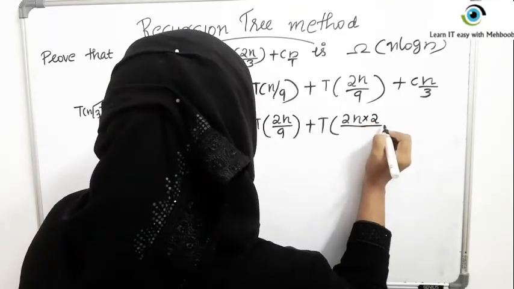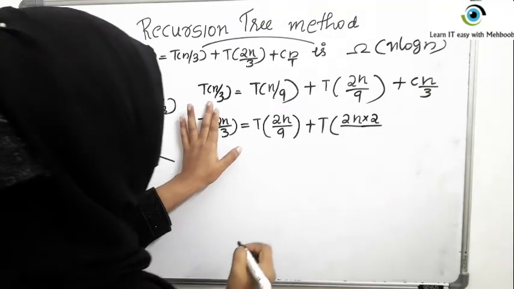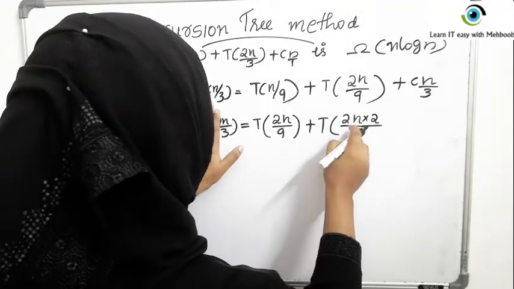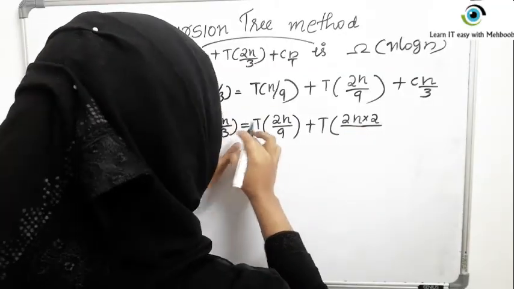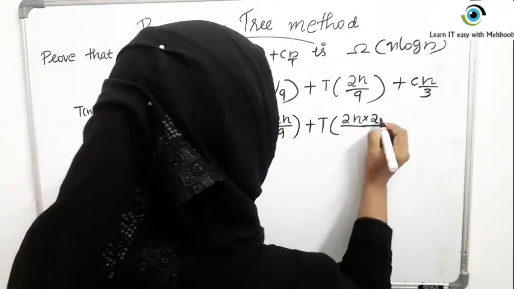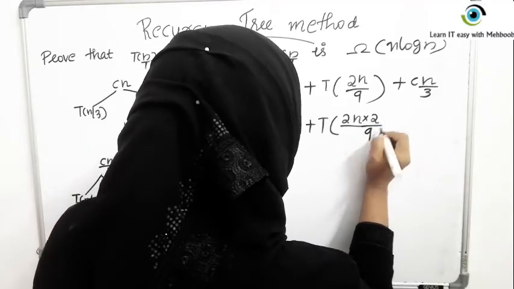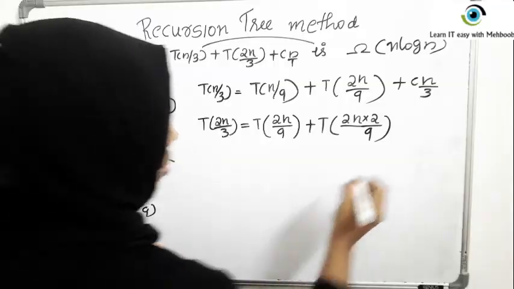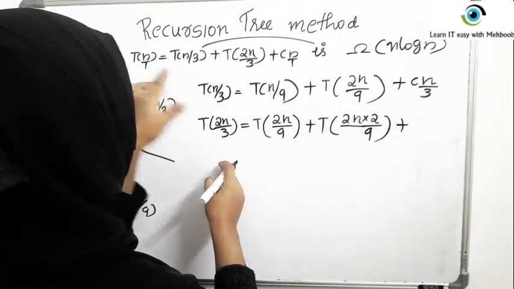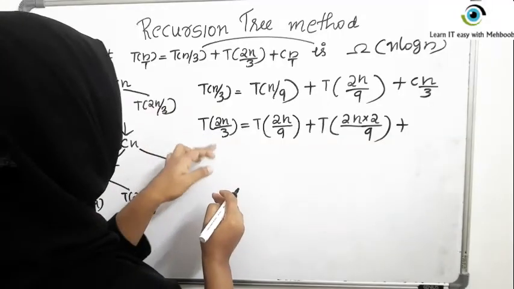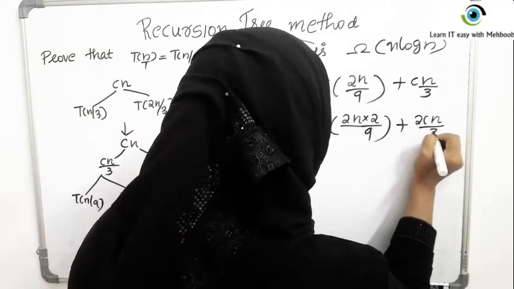one more T, isn't it? See, I am taking this T, or you can understand that I am taking this T 2 out. So this 2 has been written as such. Now n by 3, 2n by 3 is 2n by 9, 4n by 9 plus, when it is n, this is Cn. So when it is 2n by 3, that should be 2Cn by 3.